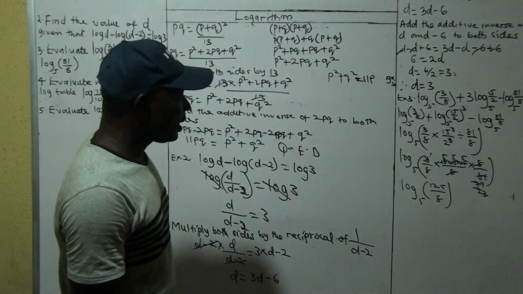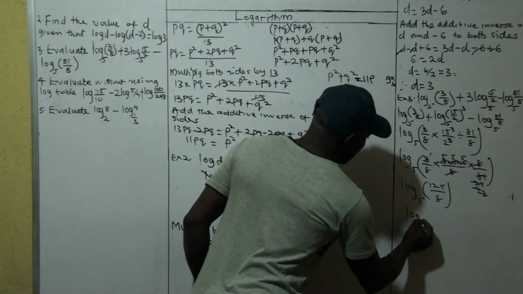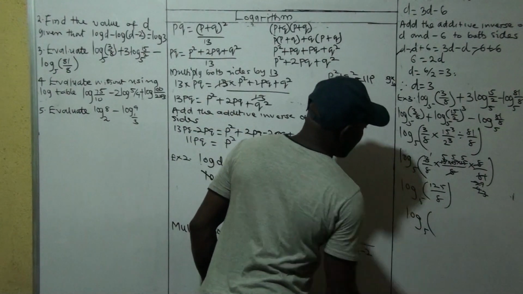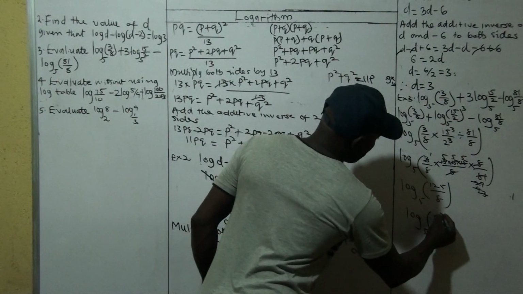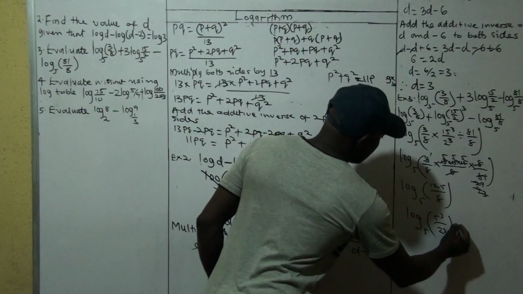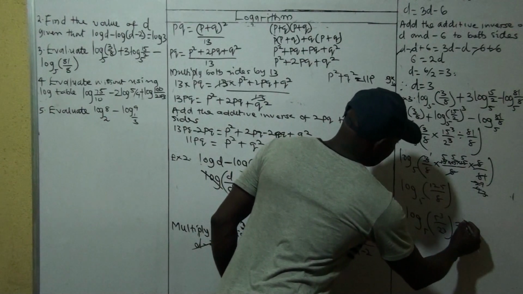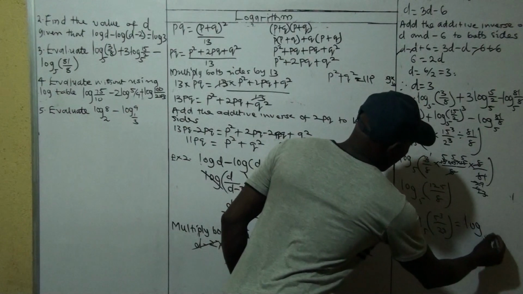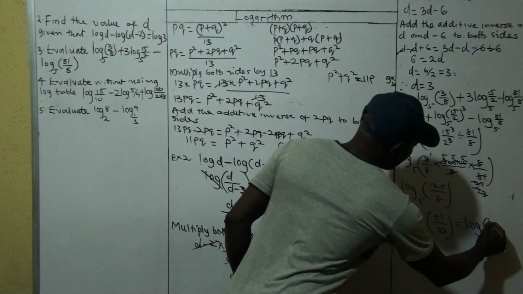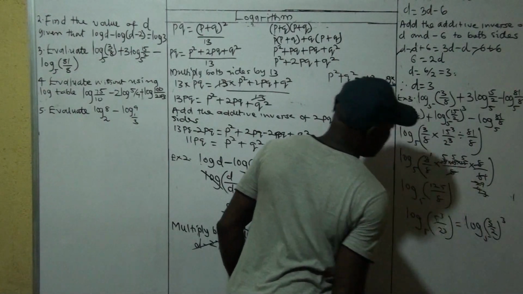As it is, you can express this as log 5 open bracket 5 raised to power 3 all over 2 raised to power 3, and this becomes log 5 open bracket 5 over 2 raised to power 3.